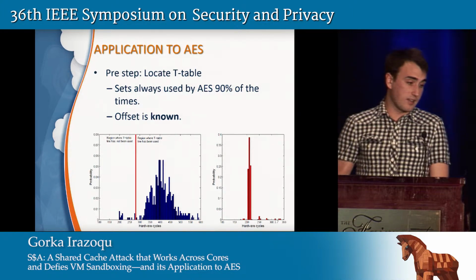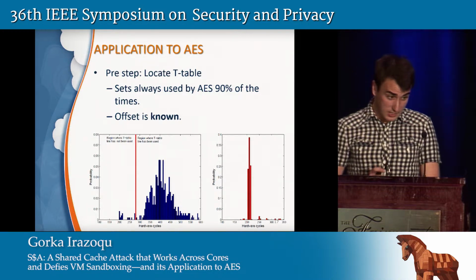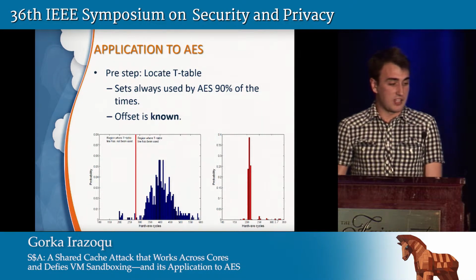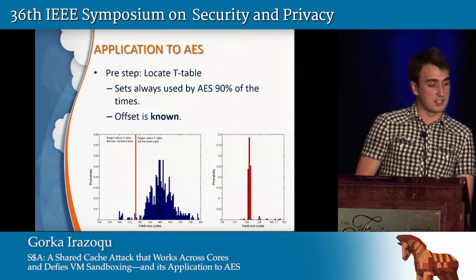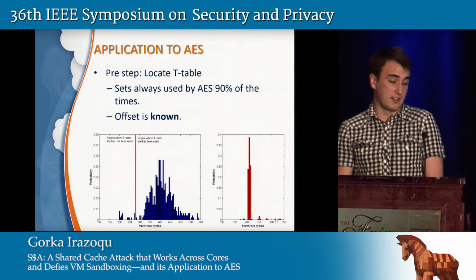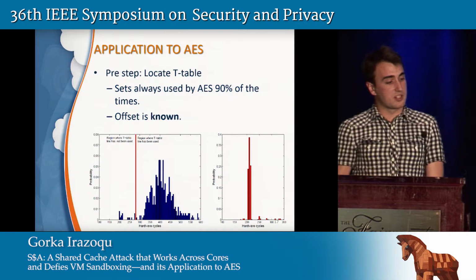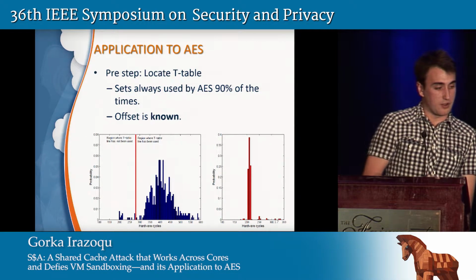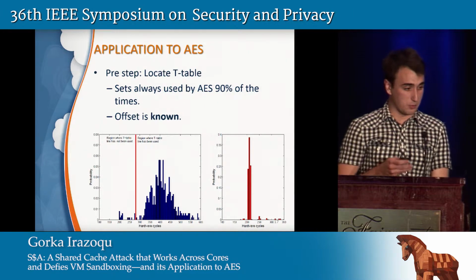Indeed, the right graph shows a set that hasn't been used, since we see all the timings around 200 cycles. And in the left one, we can see a set that has been used by AES, and indeed a table position. Because we see low timings around 8% of the times, and high timings around 90% of the times, which is actually the behavior we expect from a table position.